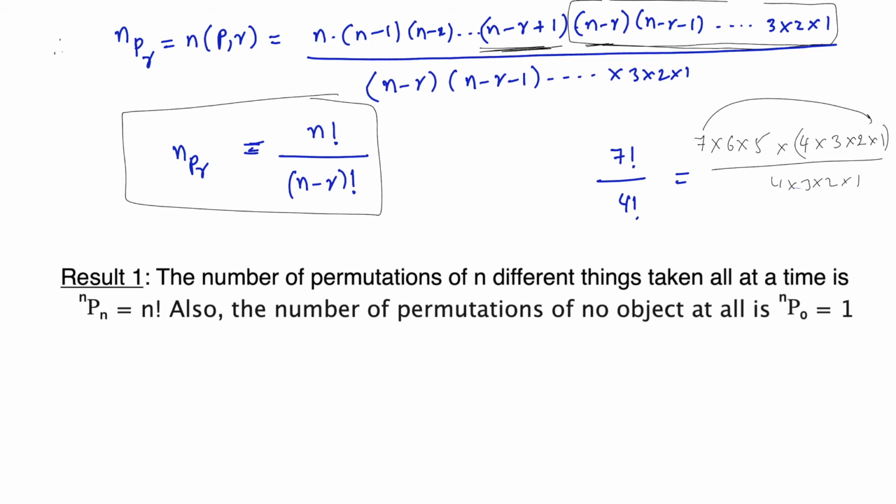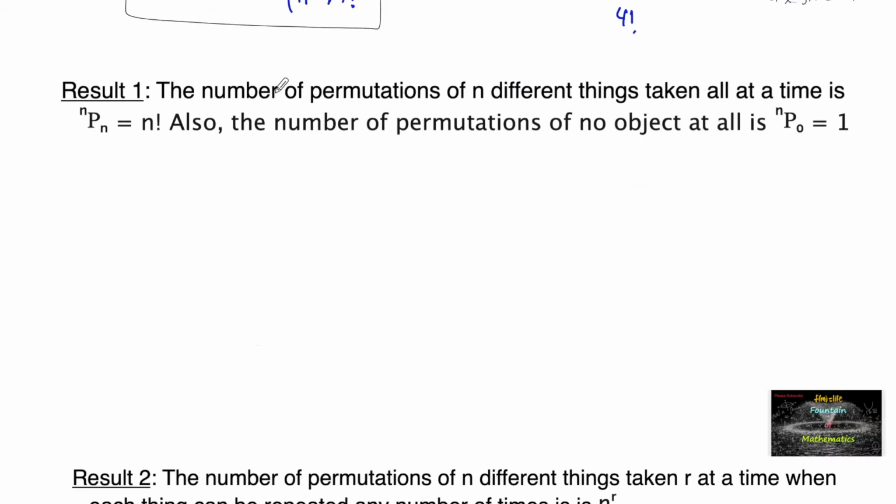Okay, now let us see some results. Result 1, the number of permutations of n different things taken all at a time is nPn is equal to n factorial. Also, the number of permutations of no object at all is nP0 is equal to 1. So here the permutations, with arrangements of n different things taken all at a time, means how many vacant boxes here.